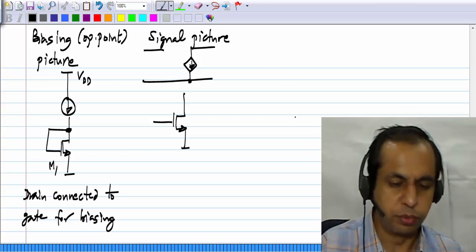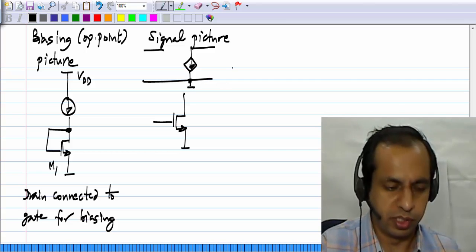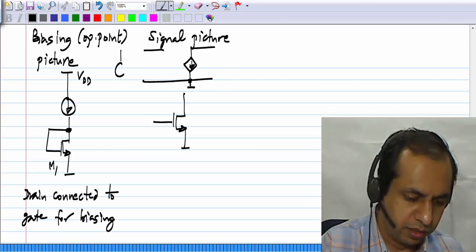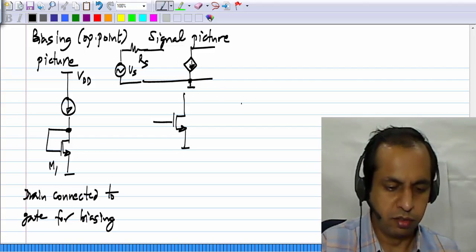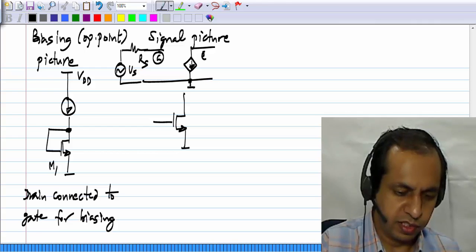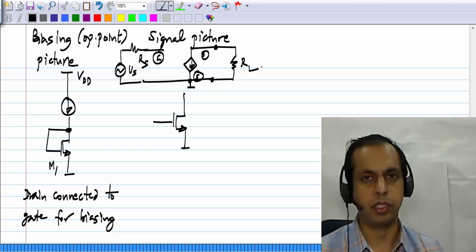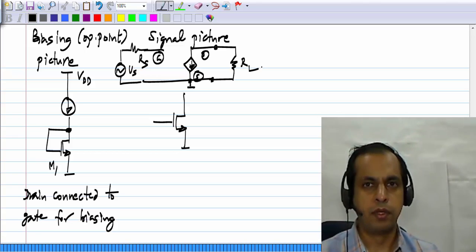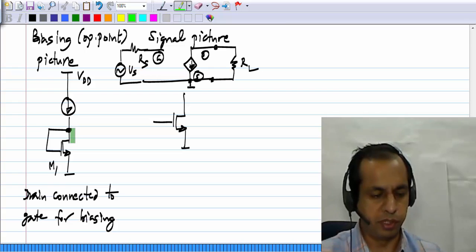This is the small signal picture. What should happen? The source should be grounded in the small signal picture, and the source Vs must appear here. This is the gate, this is the drain, this is the source, and RL must appear over there. And of course, the transistor has to remain in saturation, but that is guaranteed by this biasing arrangement, because in this case VDS equals VGS.